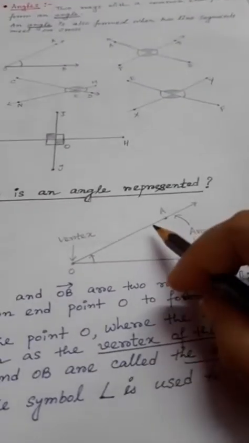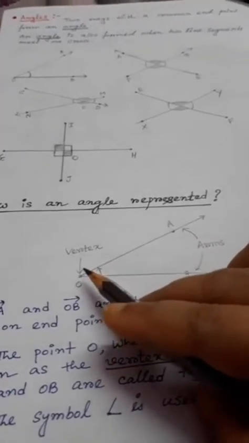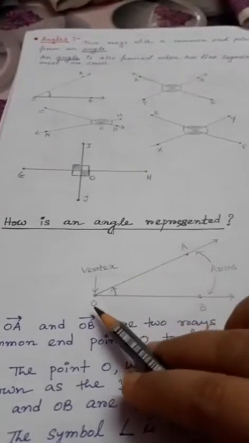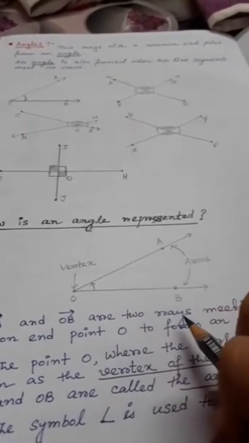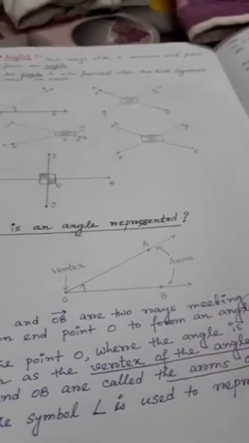I told you that when two rays with a common endpoint meet, they form an angle. So here the arm OA and the arm OB are two rays meeting at the common endpoint O to form an angle.